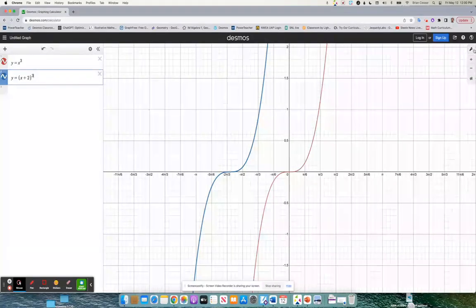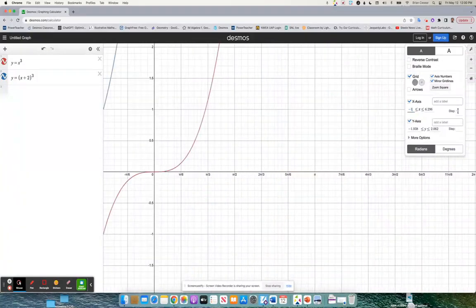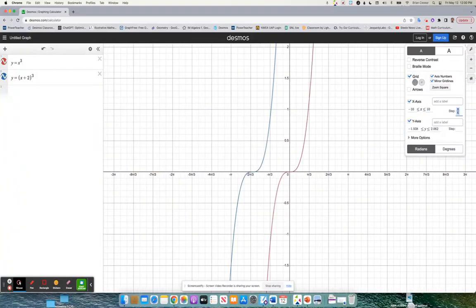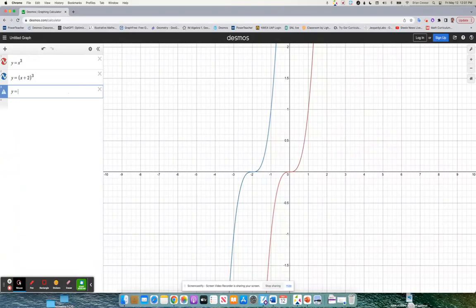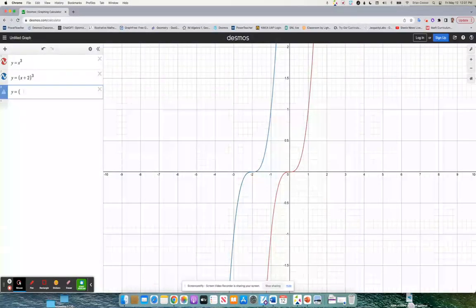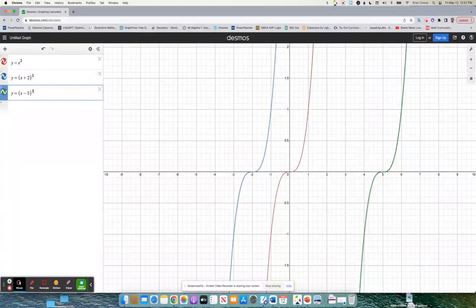But, oh, you know what? I need to change my axes. I'm going to make them go negative 10, 10, and go by 1. There you go. You can see a little bit better there. Goes left 2. And if I did y equals (x minus 5) cubed, that's going to move to the right 5.